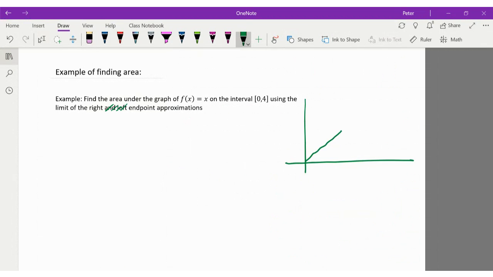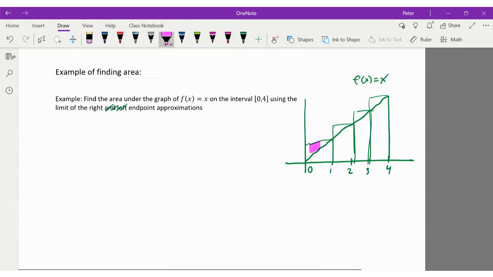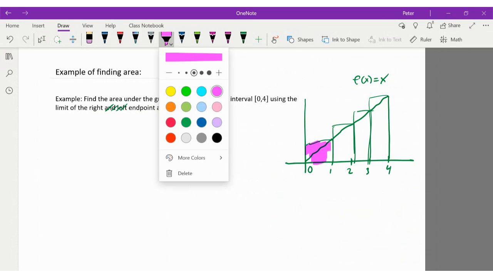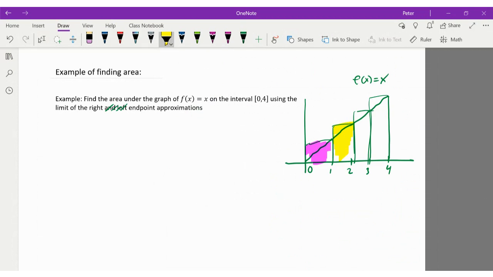So here's the function f of x equals x. And there's the interval 0, 4. If I wanted to do 4 rectangles, what I'd get is an approximation that looks more or less like this, which, as we've seen, is kind of problematic because it just includes too much area.